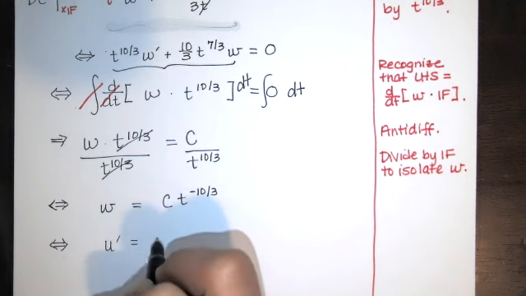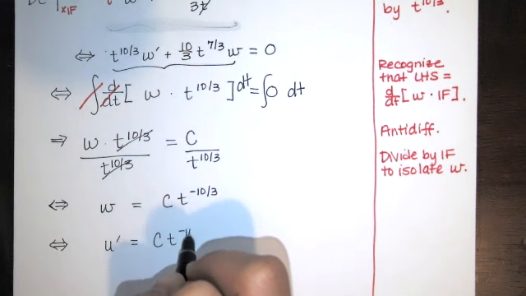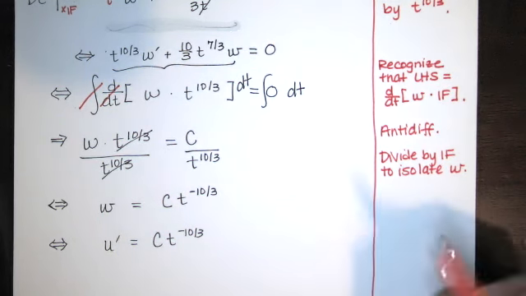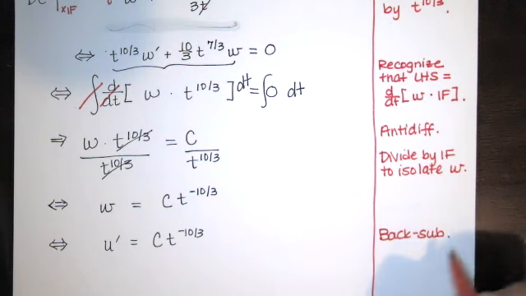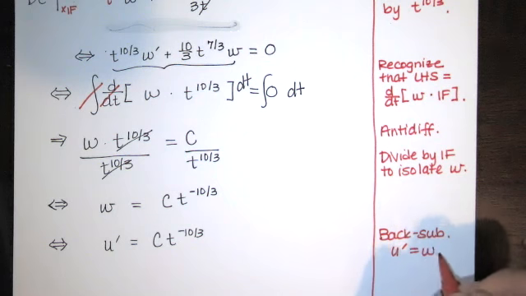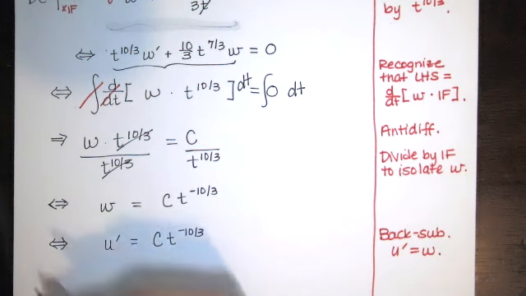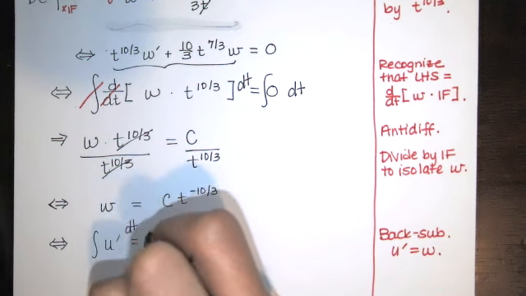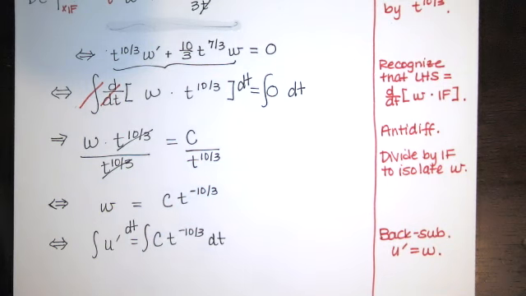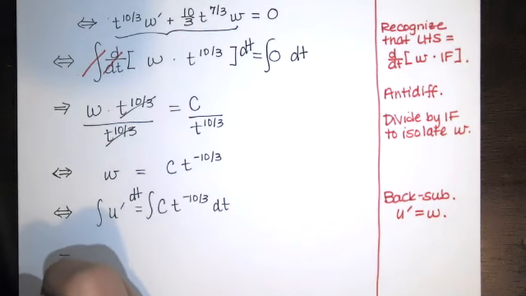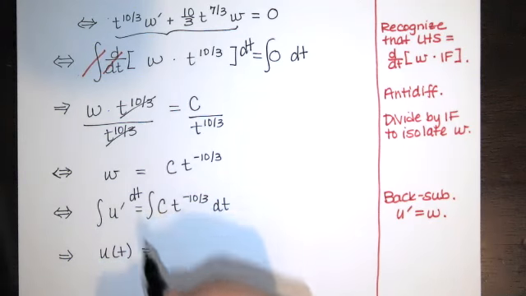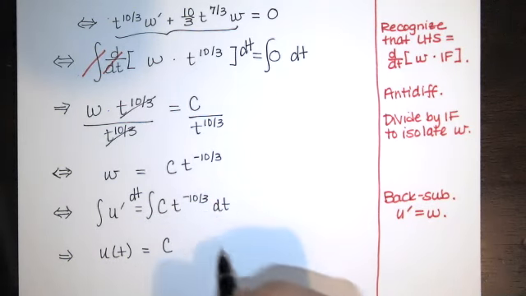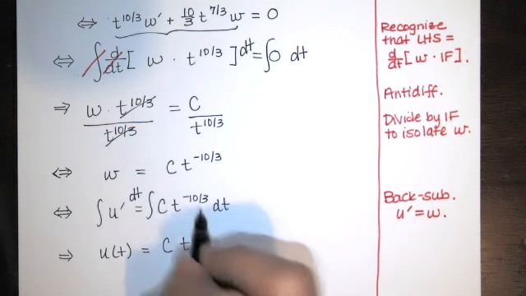w was equal to u prime. Remember? That was our substitution. And now to get u by itself, we'll anti-differentiate both sides with respect to t. The antiderivative of the derivative is the original function. And so we'll have this constant, and then we will add 1 to the exponent here.